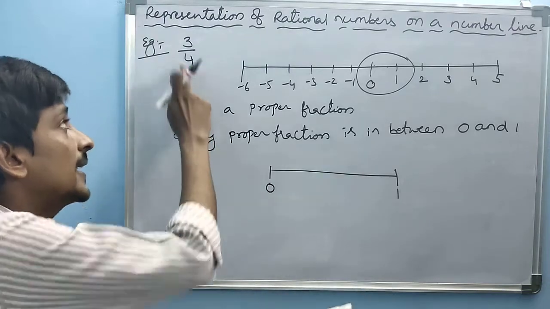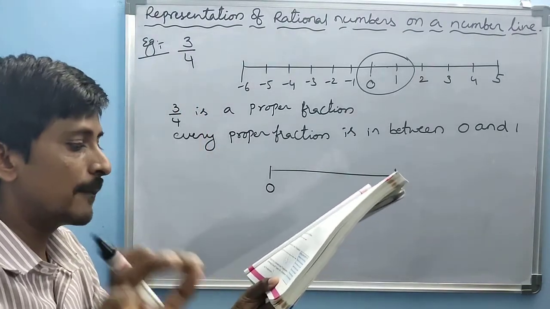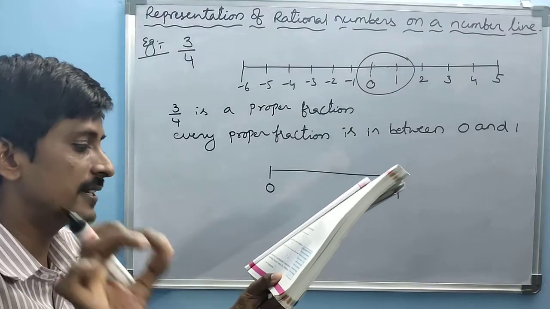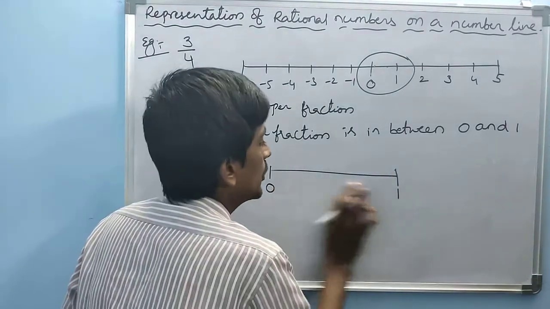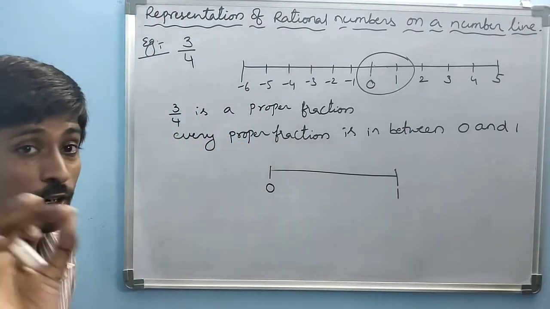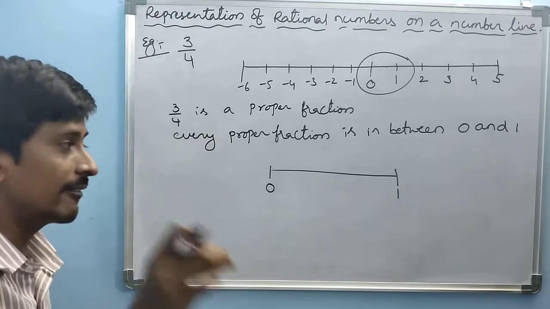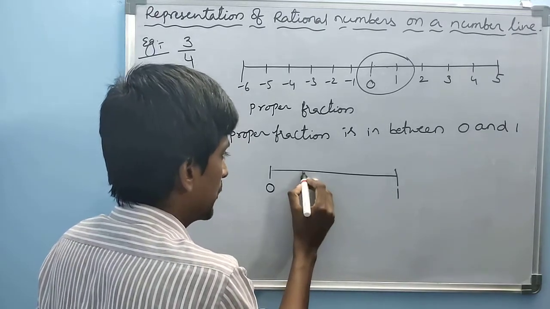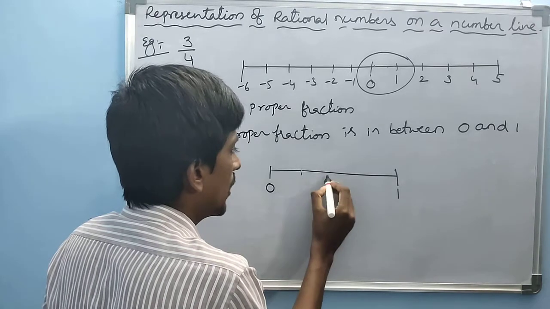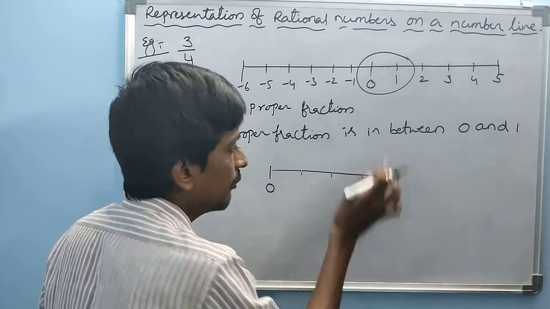The denominator tells the number of equal parts in which each unit has been divided. So this unit can be divided into 4 equal parts. Denominator tells 4 equal parts. So this 0 and 1 can be divided into 4 equal parts. 1 part, 2 parts, 3, 1, 2, 3, 4 parts.